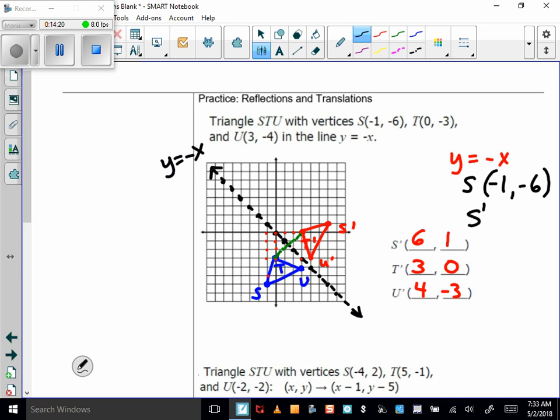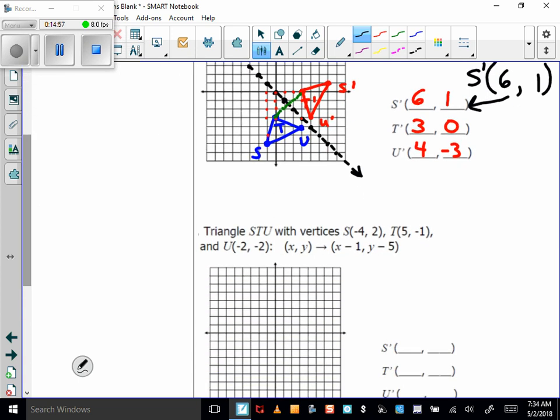So if I just apply that to these coordinates, -1 becomes +1, and -6 becomes +6, so that does give me the vertex that I found of that triangle. So when the line of reflection is y equals -x or y equals x, you can just apply that rule to your vertices, and you don't even really need a graph to find out what the reflected vertices are.